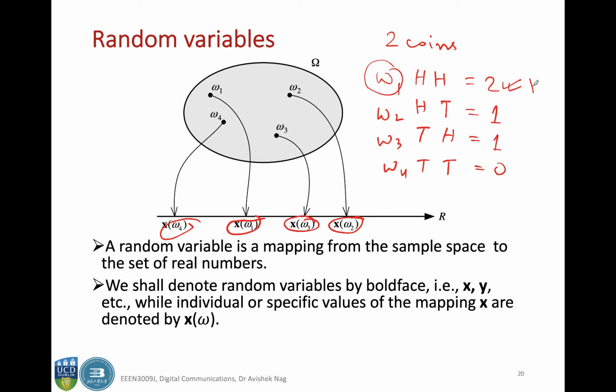So this is your x of omega 1. This is your x of omega 2. Omega 2 and omega 3 are mapped to the same number 1, and then this is your x of omega 4. So according to this diagram, I'm showing how the events in the sample space are mapped to a real number.